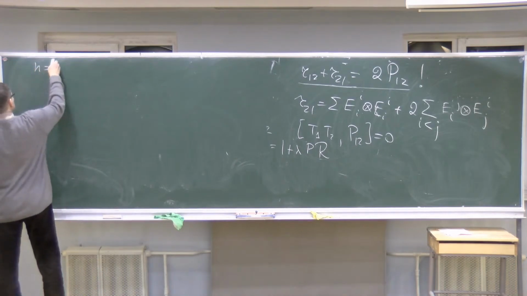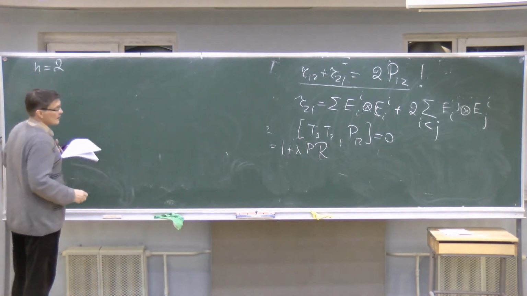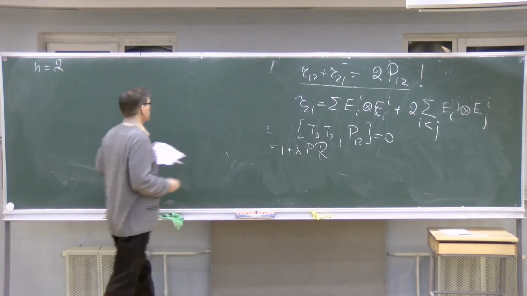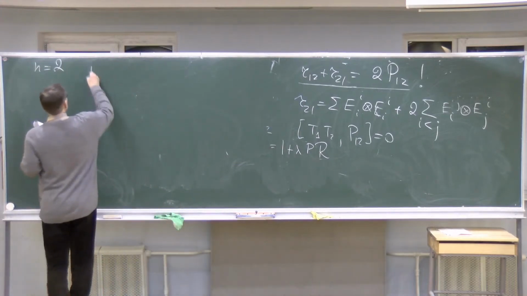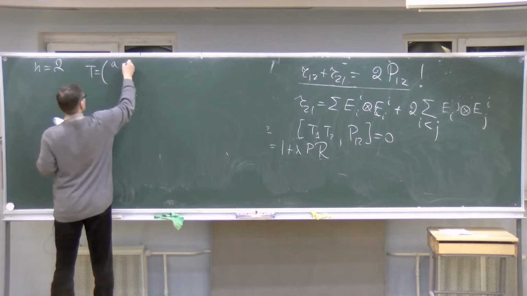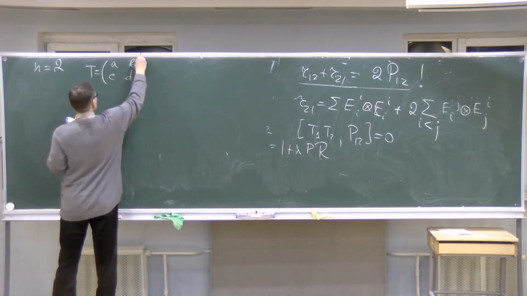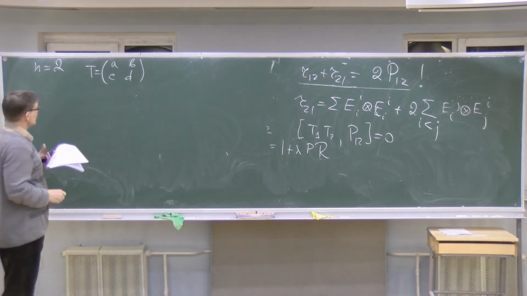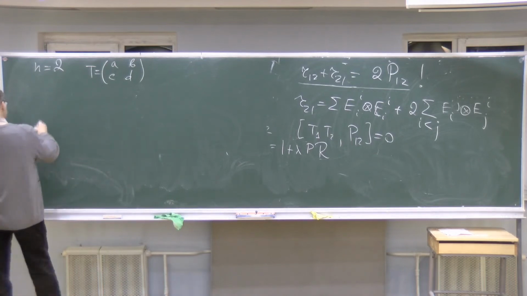If n is equal to 2, then using the explicit form of the classical R matrix, and denoting the matrix elements of our matrix T in this way, I'll get the following brackets.